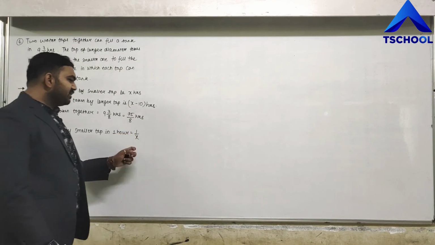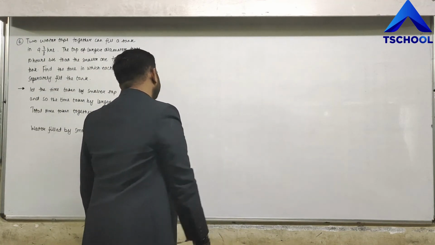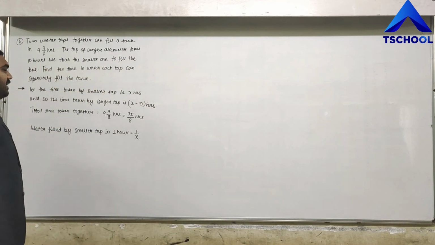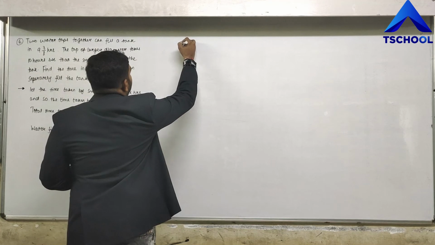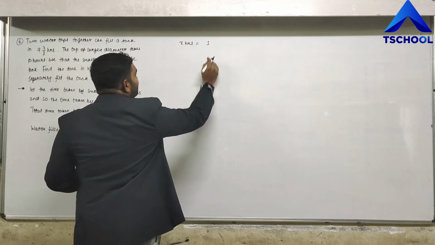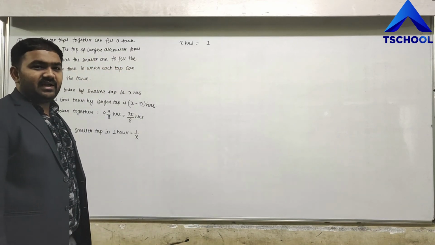Now see friends, how this becomes 1 upon x is that if I say that in x hours, the tank is completely filled, that means the work is completed, and hence we shall take it as 1.